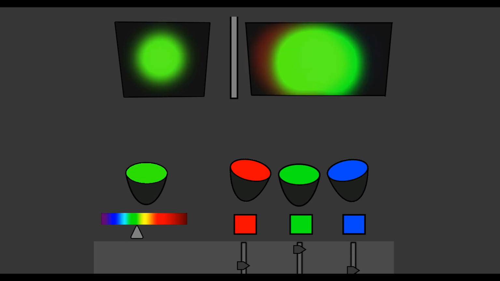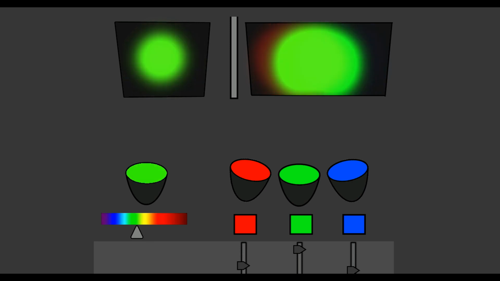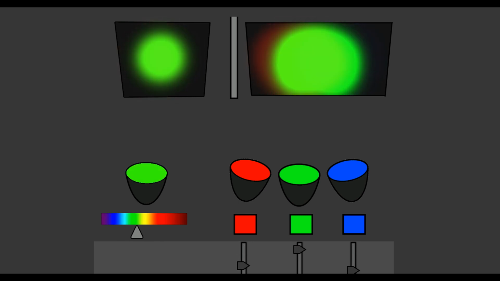In each trial, observers were shown a pure spectral color, shown here on the left, and they were asked to adjust intensity levels of each primary, shown here on the right, until both colors matched. Now mind you, this diagram is only for illustrative purposes. The physical arrangement of the actual experiment was a bit different.